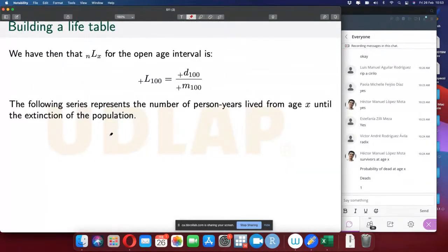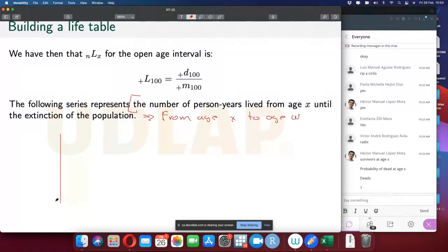So let's define the following biometric function. I am going to estimate the number of person years lived from age X until the extinction of the population, meaning from age X to age omega.